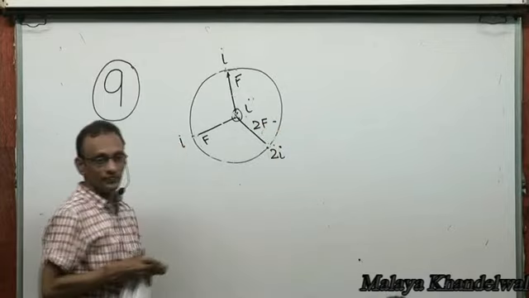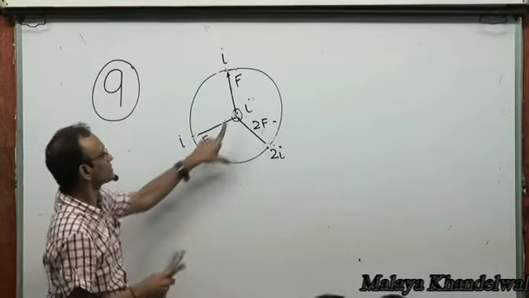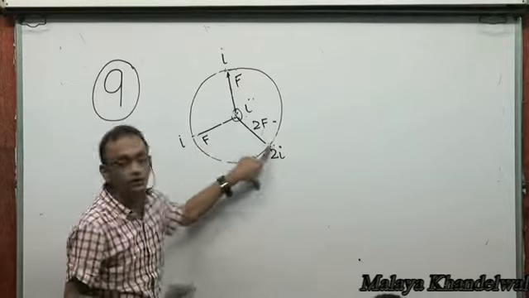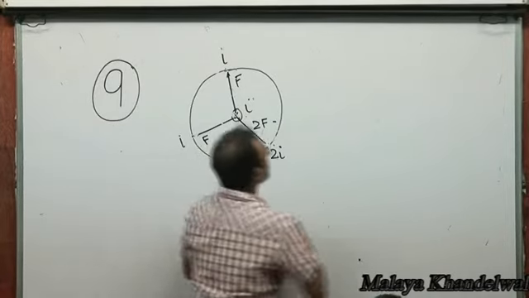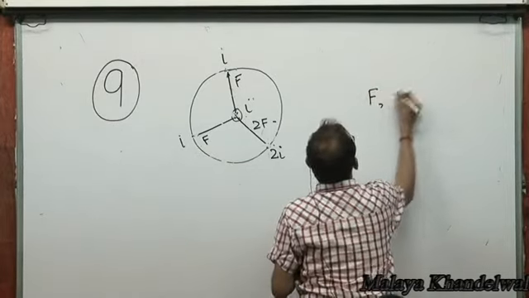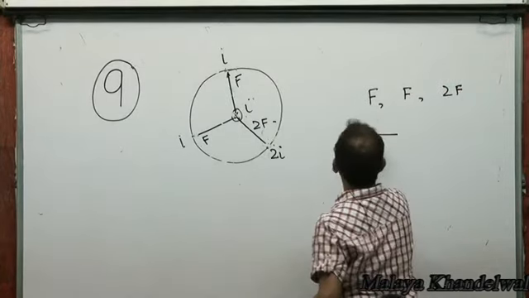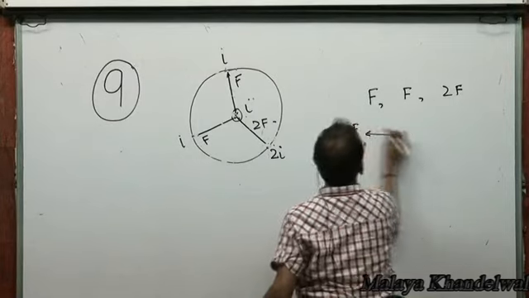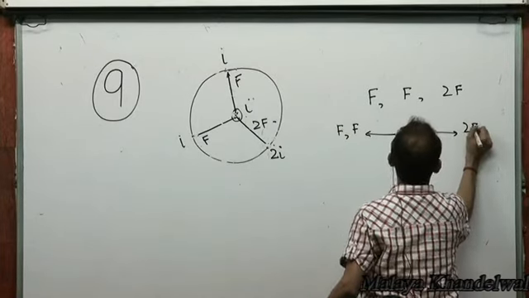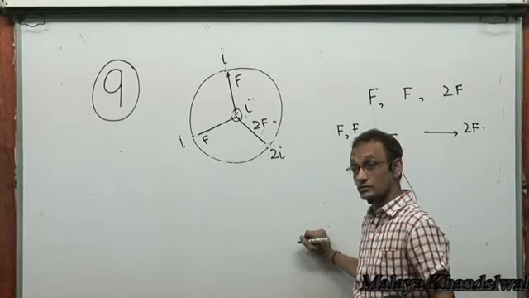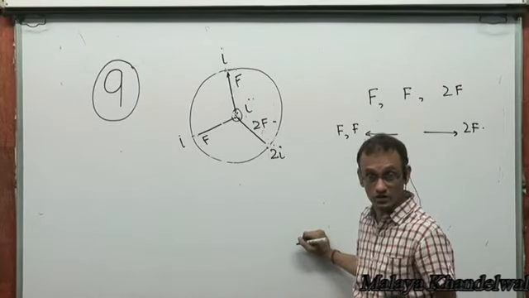That means now there are 3 forces acting on this, F, F and 2F. Can 3 forces F, F and 2F produce 0 resultant? Yes. F and F like this and 2F like this, they can produce 0 resultant, right? We can produce 0 resultant out of this.